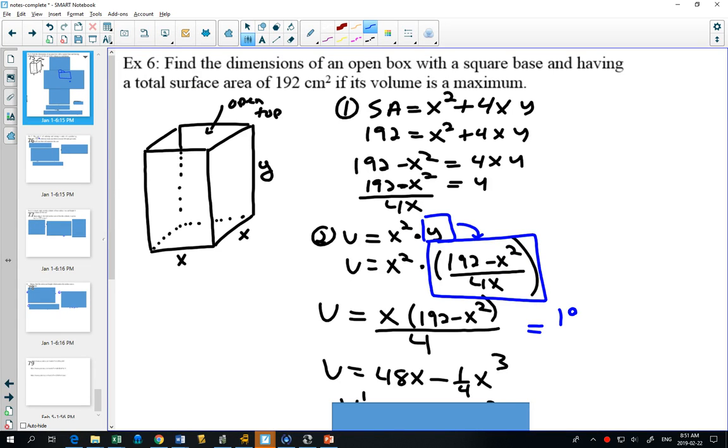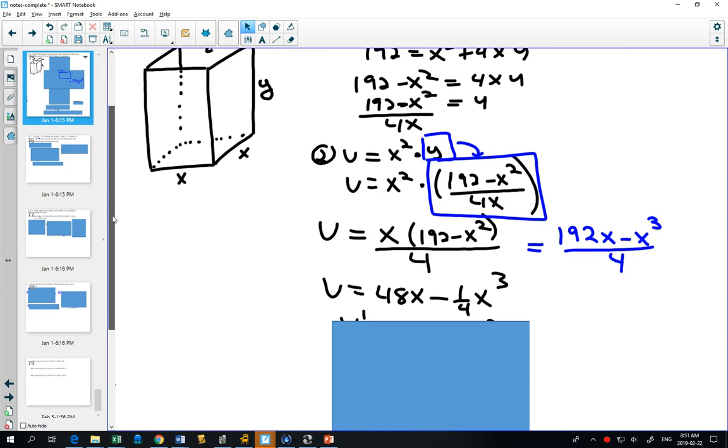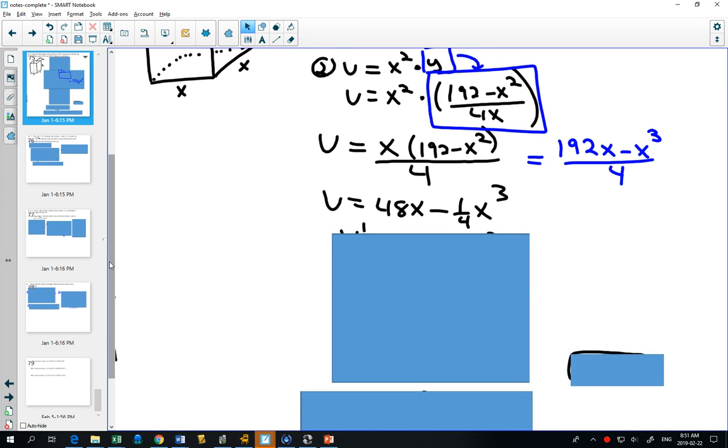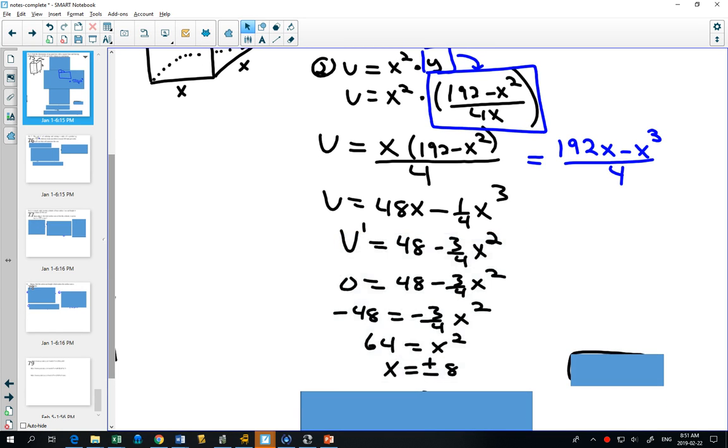If I multiply that x through, I have 192x minus x cubed all over 4. And if I break them up, 192 divided by 4 is 48, and then minus 1/4 x cubed. That equation is really easy to do the derivative of, and that equation is also quite easy to solve.